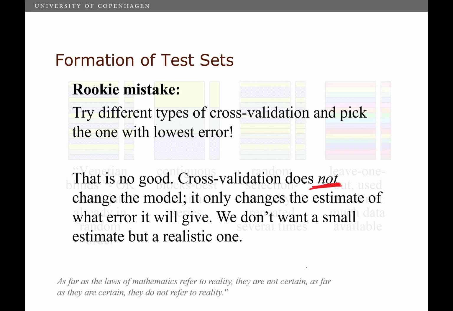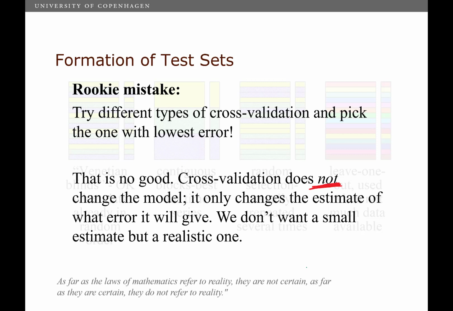One thing, sometimes when you're new to this, you may want to try different kinds of cross-validation and pick the nicest one. And that doesn't work because cross-validation is not changing the model actually, as we just talked about. The model will stay essentially the same. You have to do the right cross-validation.